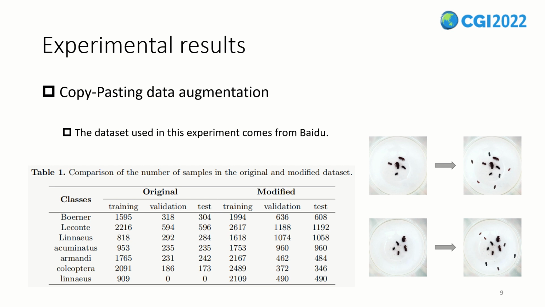Each paste operation should ensure that the pasted targets do not overlap with the existing targets on the image, which not only keeps the number of samples balanced, but also increases the diversity of small target locations. Due to the lack of insect labels in the validation and test sets, three types of insects with fewer samples are randomly pasted onto each image in the validation and the test set.